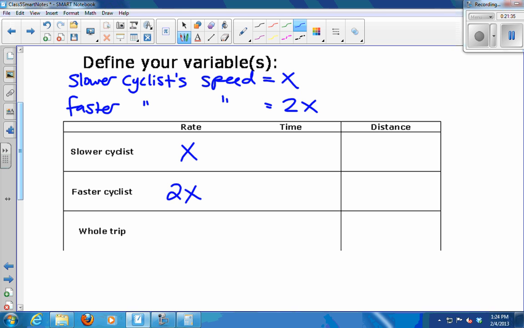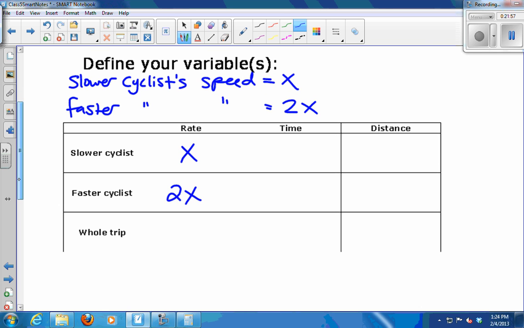It's a little weird to think about what is the combined speed, because they're moving towards each other. So I'm just going to leave it and fill in as much as I can, and maybe I don't need it, and if I do, I'll figure it out then. So we fill in all the things that we definitely know for sure. What do we know about time? 2 hours.